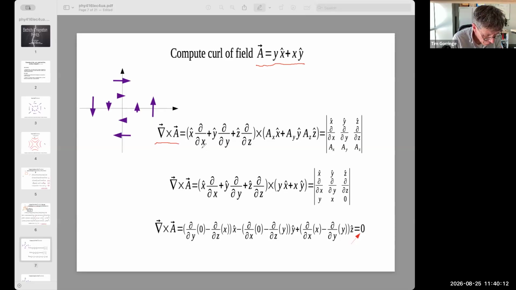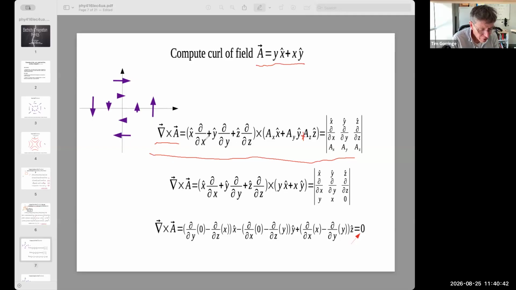So what did I do? This first line, I just wanted to write out the curl formally in rectangular coordinates for our particular field. And so I did that here. I just caught this, there's a little typo. There should be a plus in here.